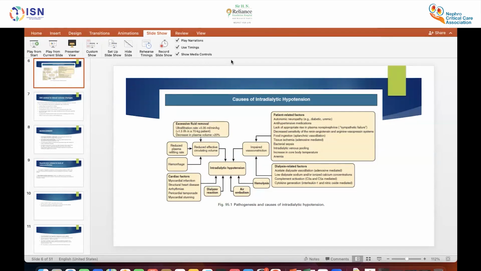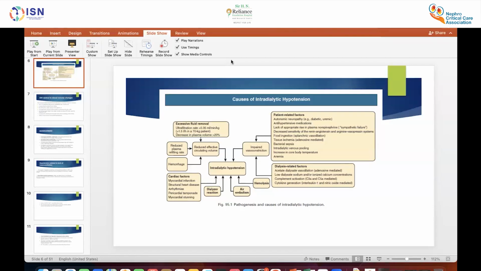Okay. The next is intradialytic hypotension, correct? Resma, I have a question for you. Why are we using saline, not other isotonic solutions? You have Ringer lactate, you have that formula which we commonly use nowadays, Isolyte P or something like that.